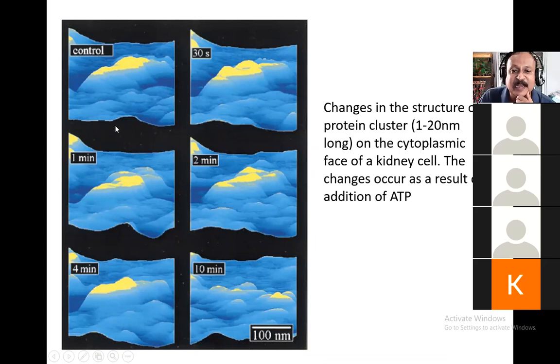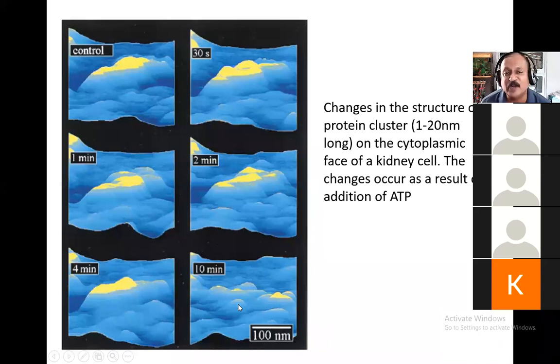This is the control where no ATP is added, and then 30 seconds after ATP addition, can you see that the size of the cluster has become smaller? It has become still smaller, and at the end of 10 minutes, the protein cluster is virtually gone. It is absent now. So the proteins have moved away, and that was the response to the addition of ATP.